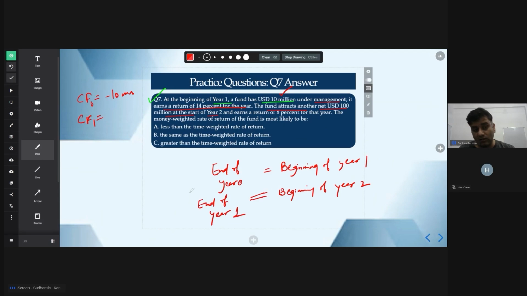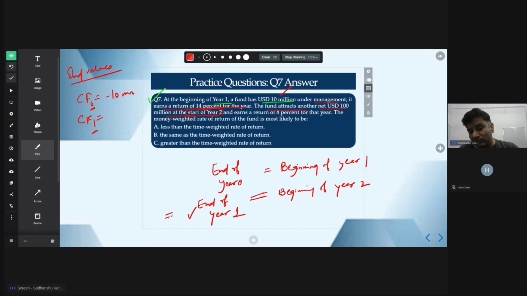When we write 0 and 1, these are end values. Please remember this very clearly. In the calculator, we input the end values. So when I say the fund attracts another net USD 100 million at the start of year 2, start of year 2 means end of year 1.